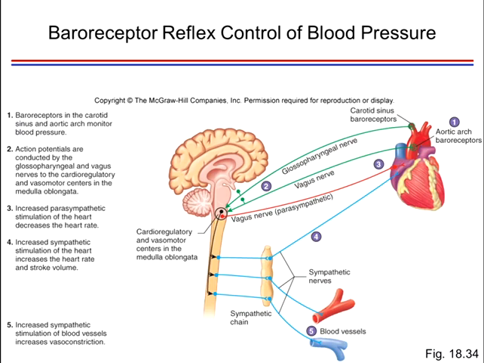And then if the vagus and the glossopharyngeal nerve detect that the blood pressure is too low, we're going to skip the parasympathetic aspect and go down and activate the sympathetic chain ganglia.